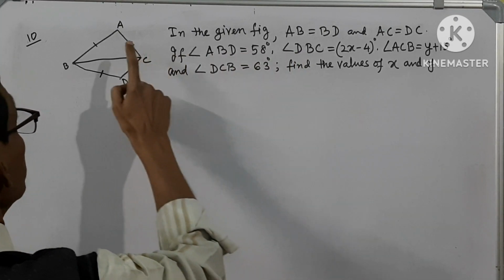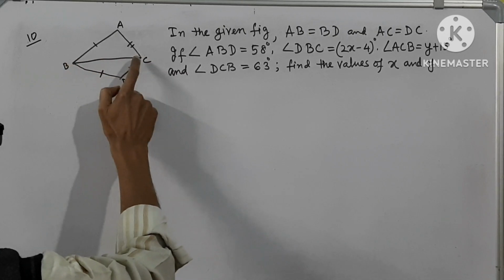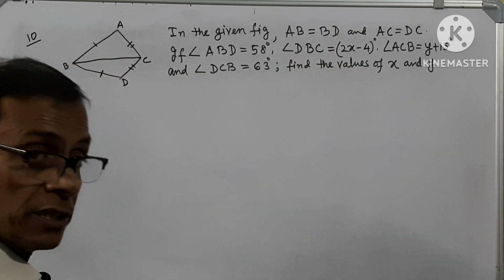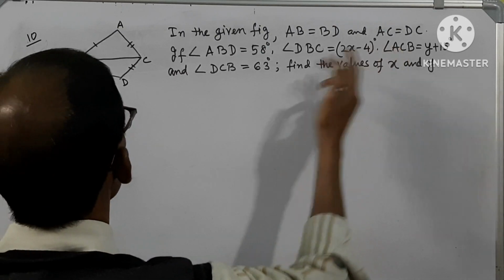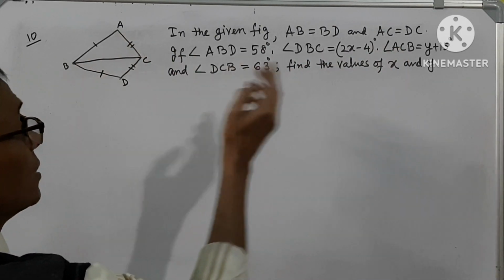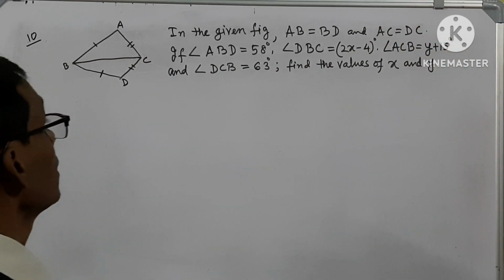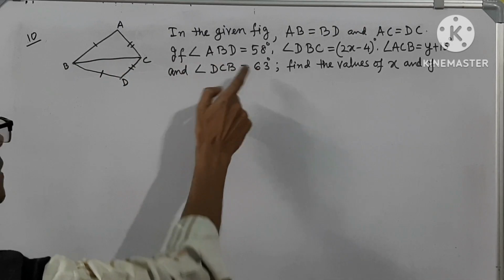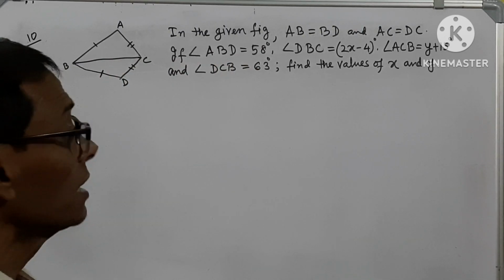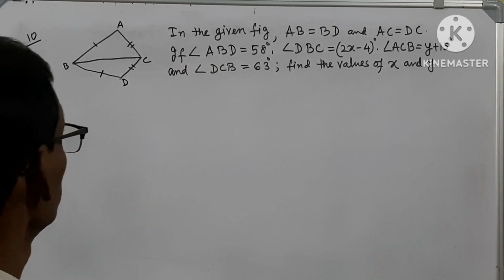Angle DBC equals 2x minus 4 degrees. In terms of x it is given. And angle ACB is also given in terms of y. And angle DCB is 63 degrees, and you have to find the values of x and y.